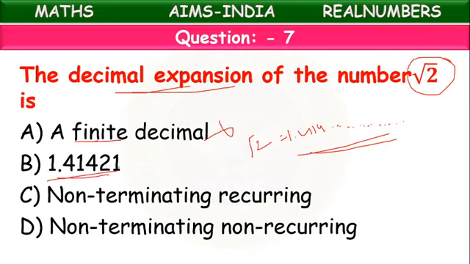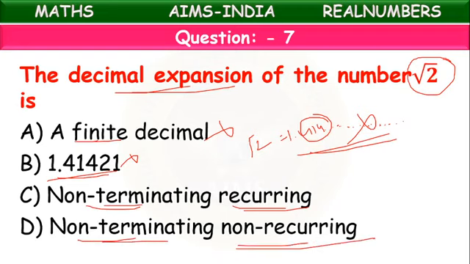In the second example, it is terminating? No, it's wrong. Non-terminating recurring they have told? No, it does not contain a recurring part. So non-terminating, non-recurring is the correct answer. Root 2 decimal expansion should be in the form of non-terminating, non-recurring.